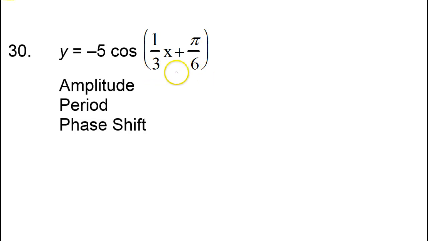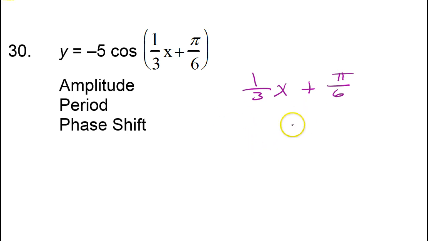Alright, be careful with this equation. One more time. Whenever you have a b value and you're trying to see a phase shift, you have to be careful because pi over 6 is not the phase shift. You cannot read the phase shift until you factor out the b value outside of the parentheses. So look at this. I have 1/3 x plus pi over 6.